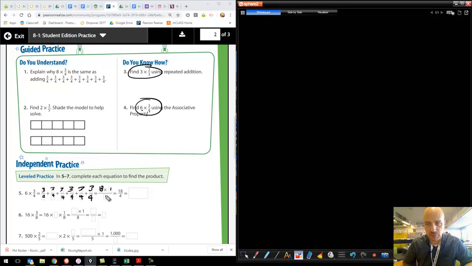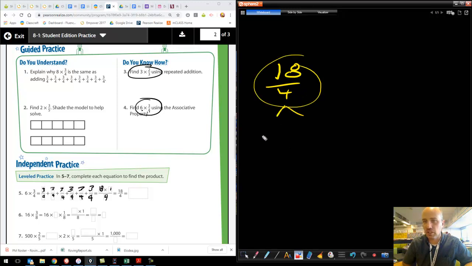And that's 18 times 1/4. Or 18/4, or I need to find my total product here, 18/4. And what I'm going to do is I'm just going to move this over here. 18/4. And we just did the same thing. We broke it out in our number bonds, right? We got 4 different 4/4, and we got our total of 4 1/2. Okay. Anyway, so you'll see how this works.